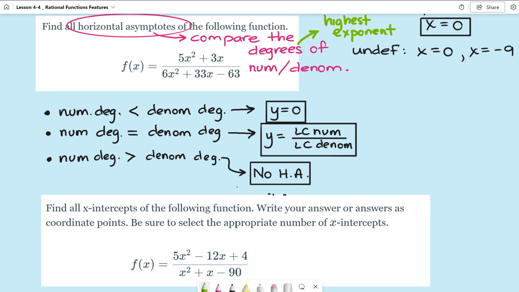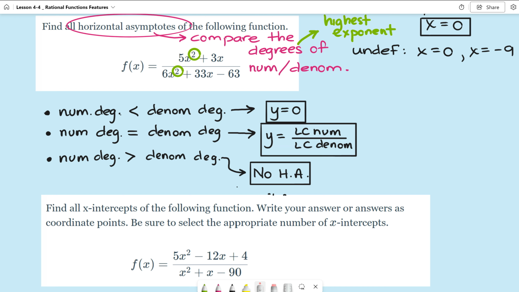So let's look at this problem. 5x squared plus 3x over 6x squared plus 33x minus 63. Let's compare the degrees. Well, the highest exponent in the numerator was a 2. The highest exponent in the denominator was a 2. If we compare those degrees, the numbers are the same.